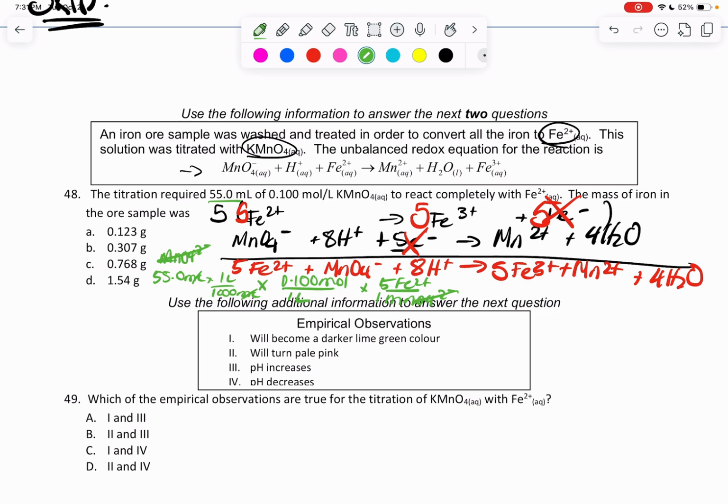And then we're going to multiply this by 55.85 grams per mole. And so moles cancel, which should give us 1.54 grams of iron ore in the sample.